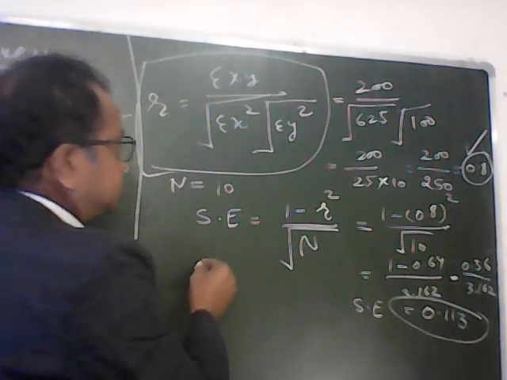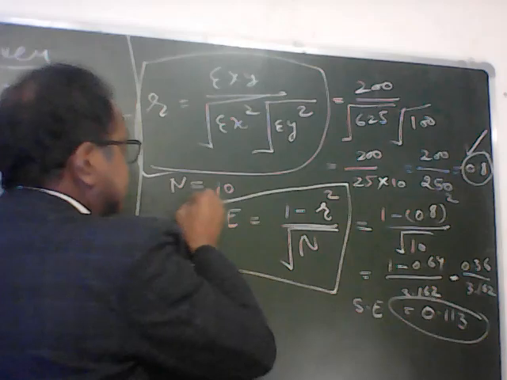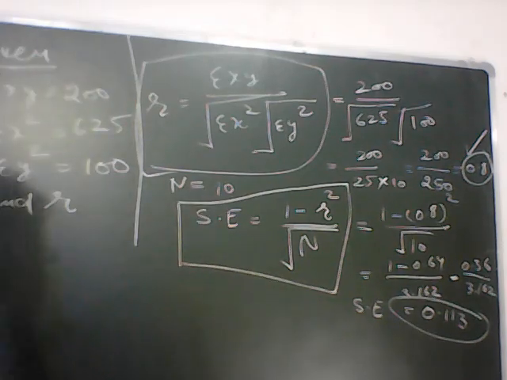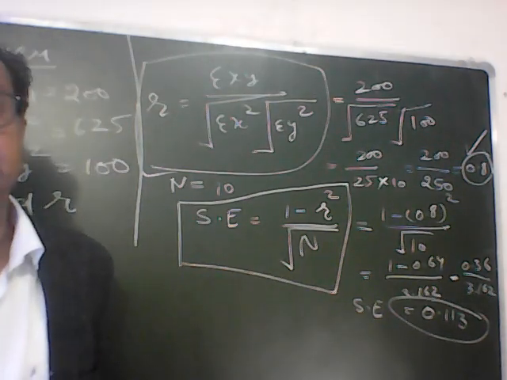Just write down the formula of standard error: it will be 1 minus r square divided by n, and its whole under root.